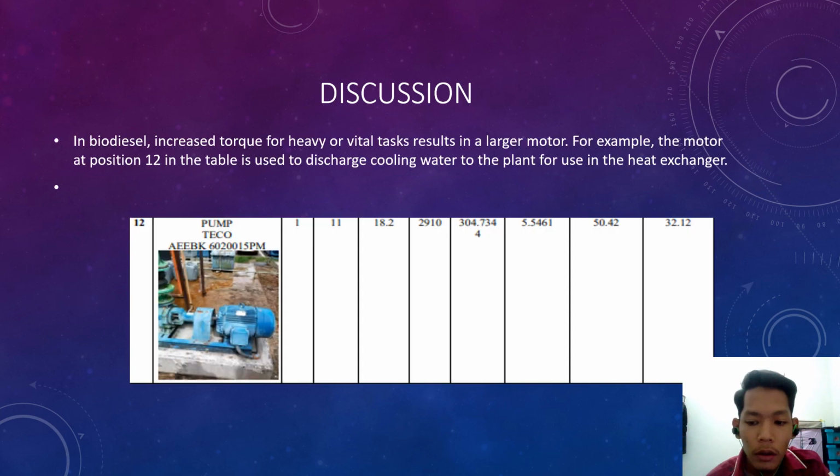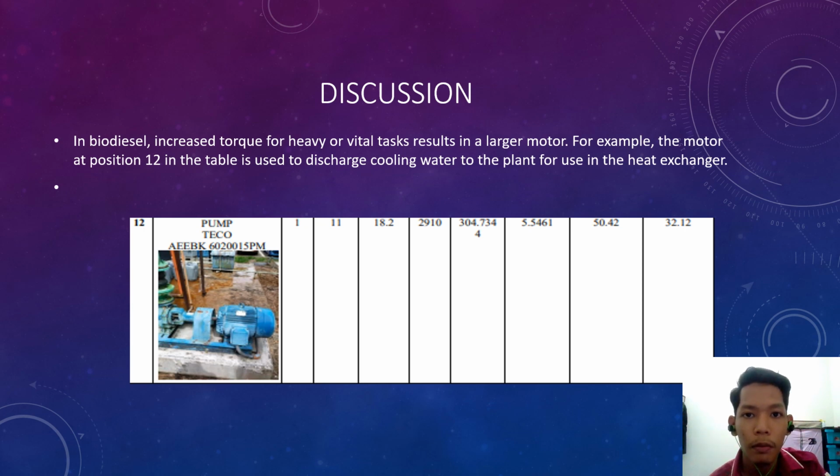For the discussion, based on the results calculated in the report, in the biodiesel plant there are a lot of various pumps, but the pump that we noticed gives a significant reading in terms of efficiency is pump number 12, which is the Teco AEEBK 60215 pump.